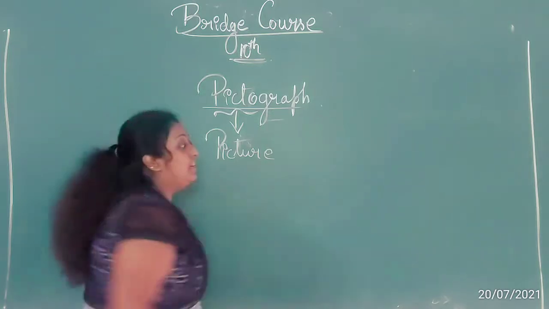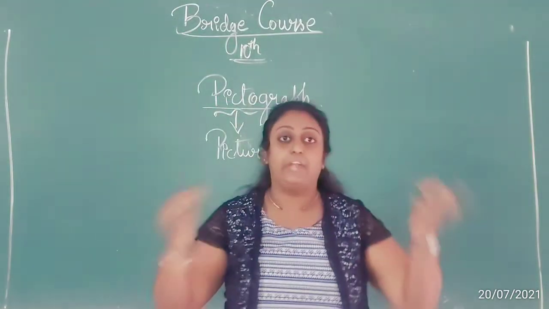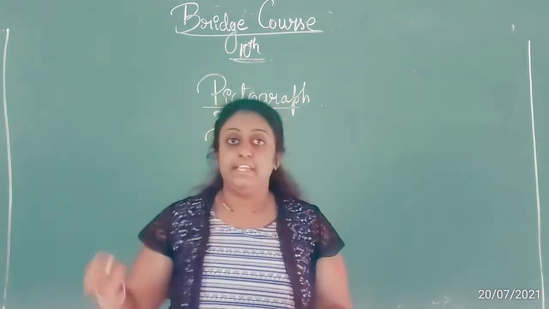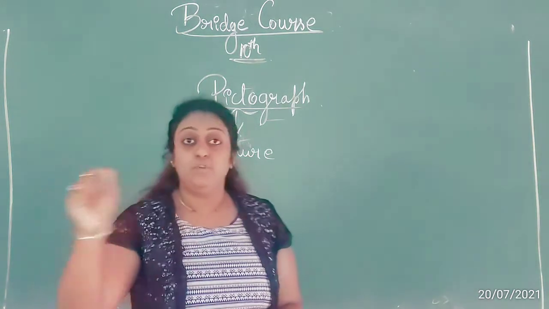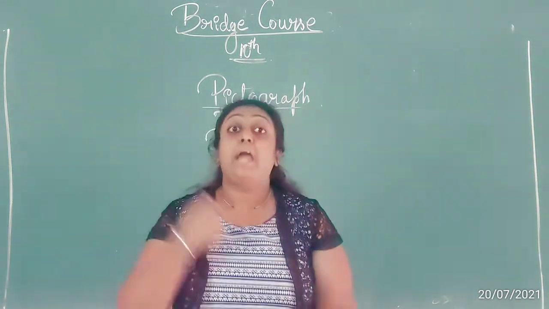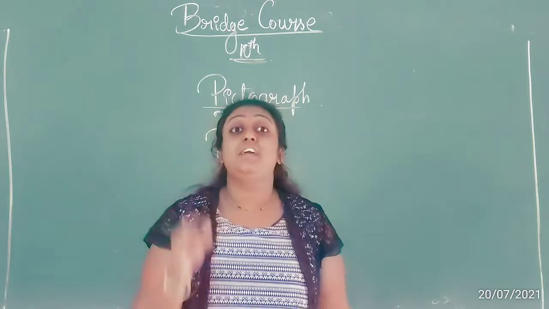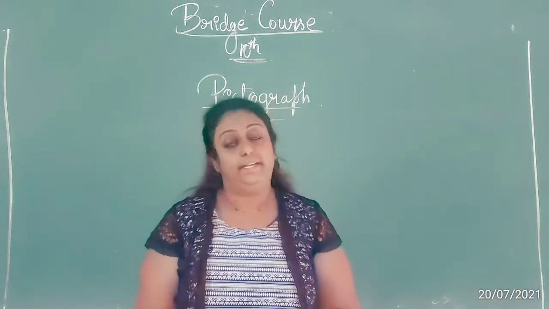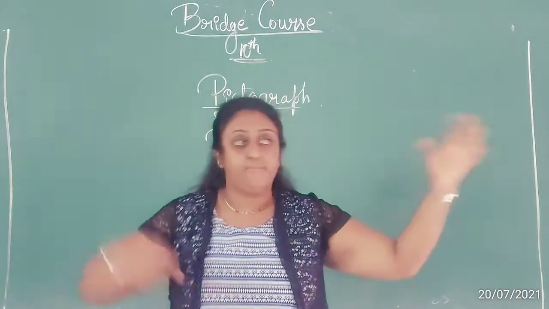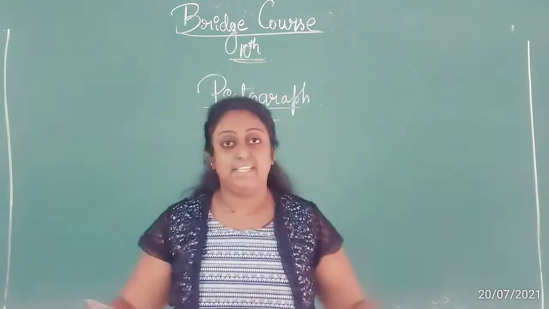Next one, graph. Graph you all have learned. You use your graph sheet to show the readings or markings. Now statistics, that day when I gave you the definition, what did I mention? I mentioned that it is the representation of a collective of the data. So suppose you are collecting the data from various places, you are representing it.